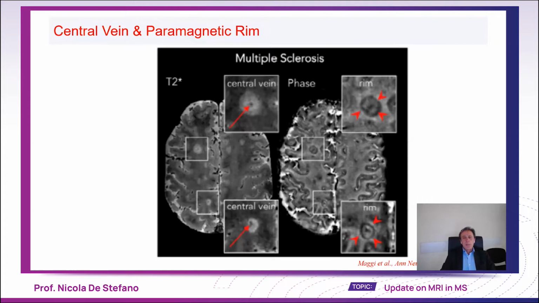Both of them are important. The second one is particularly important to tell us that some chronic inflammation is present, and it seems to be related to the progression of the disease as well.